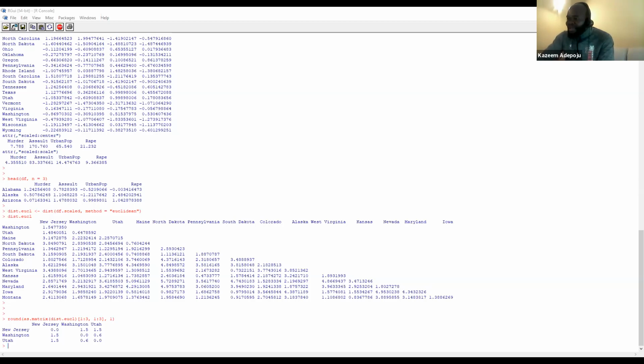If you look at the states that we have considered in the United States, the one I call the USArrests data, if we want to group these states by similarities or dissimilarities in terms of murder, I actually need to install a package.